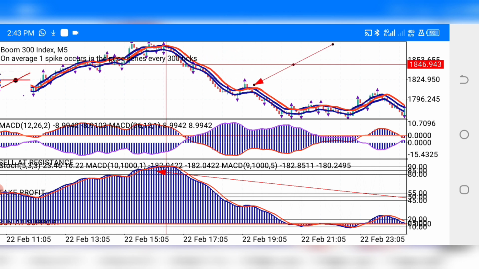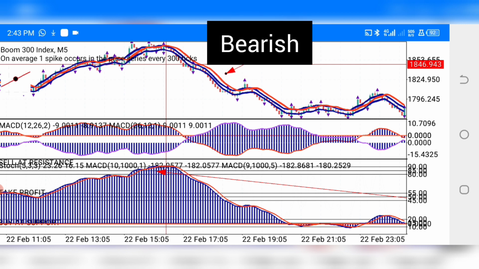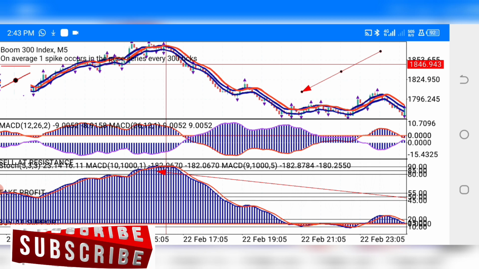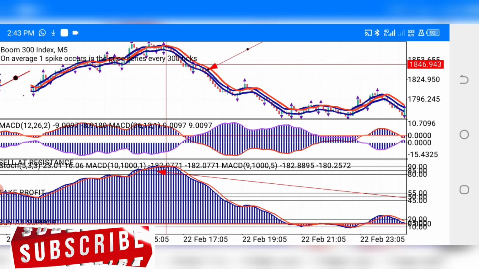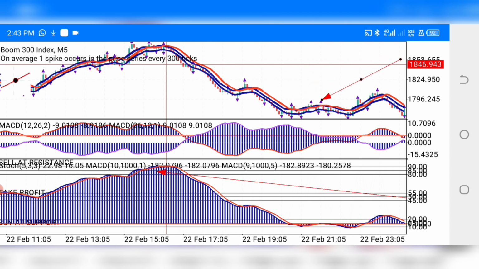Look at the step down spike, they are stepping down. So it indicates that the market is in a bearish position, moving down.